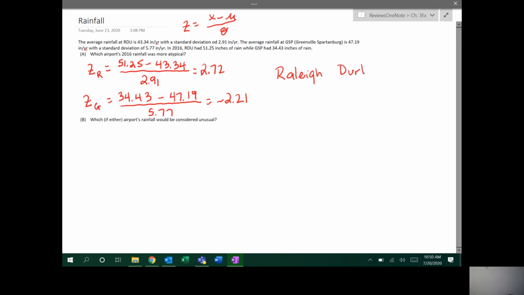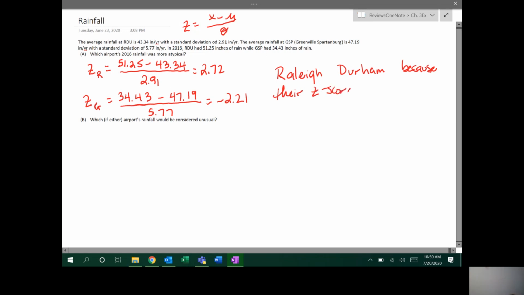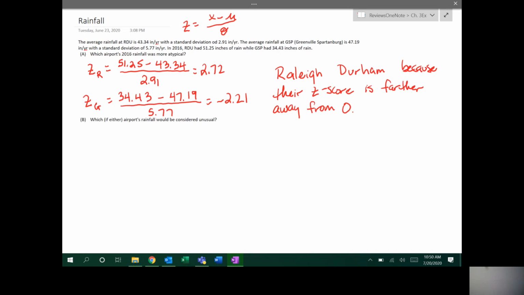It doesn't ask you to justify your answer, but frequently it does. And it's because their z-score is farther away from zero. Or again, maybe it's a higher z-score or a lower z-score, just depending upon the way the question is asked.